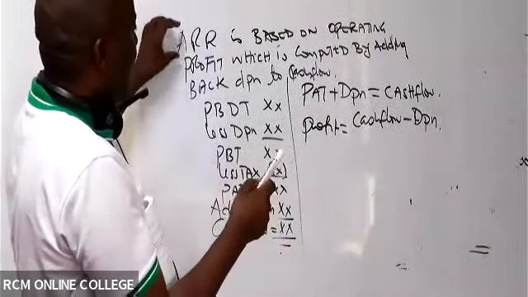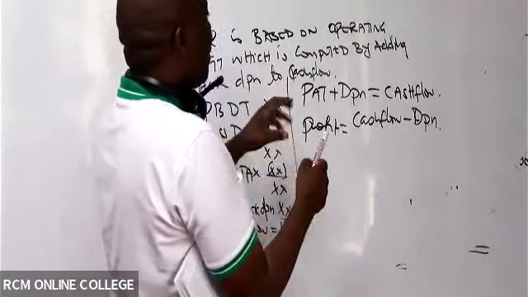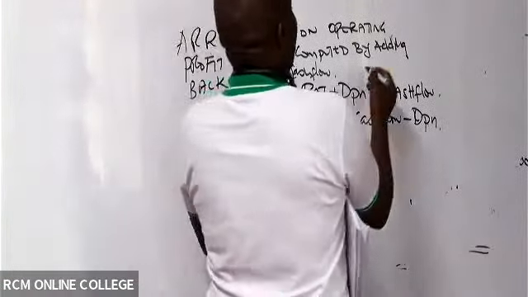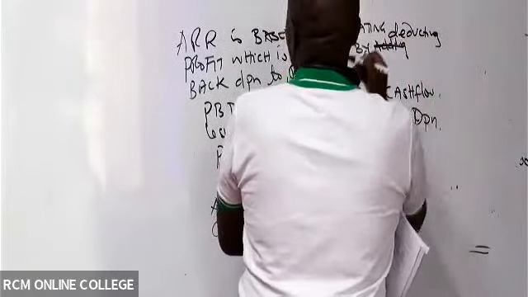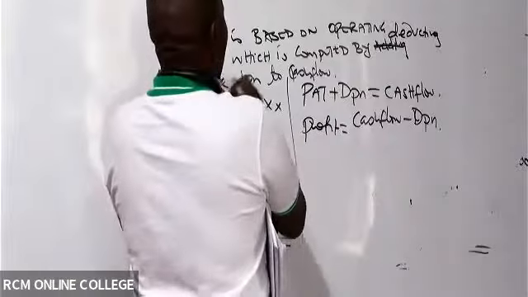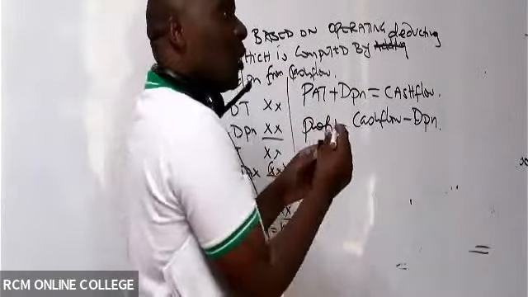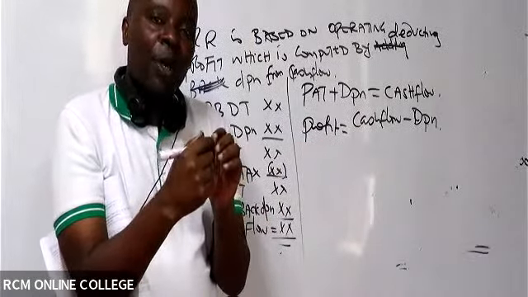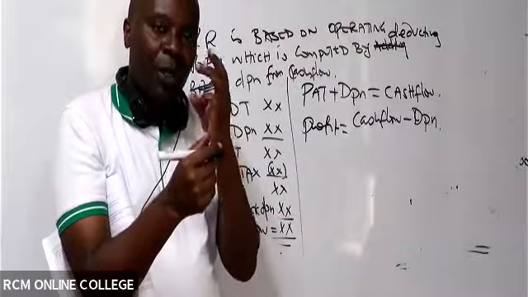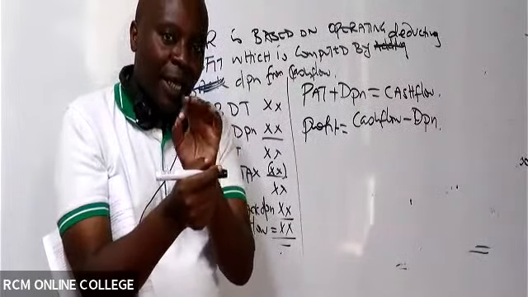So please change this slightly: ARR is based on operating profit, which is computed by deducting depreciation from cash flow. Because when you get cash flow, you've taken your revenues and deducted your cash expenses.